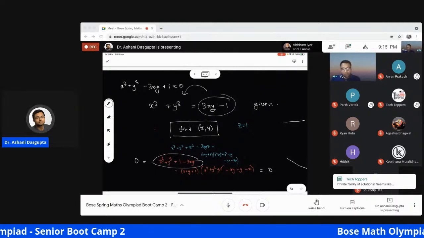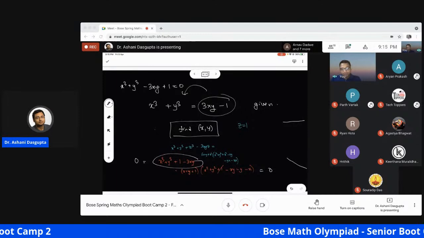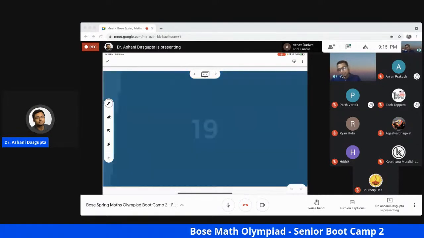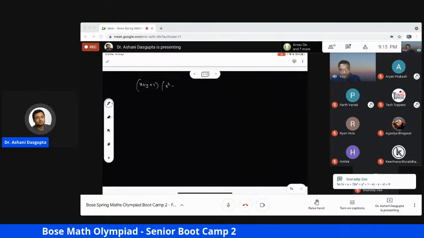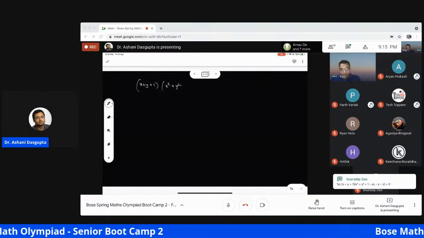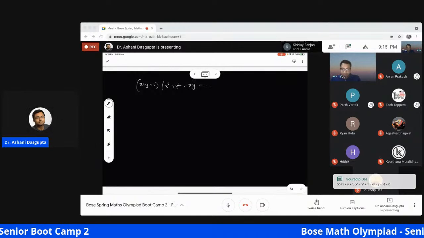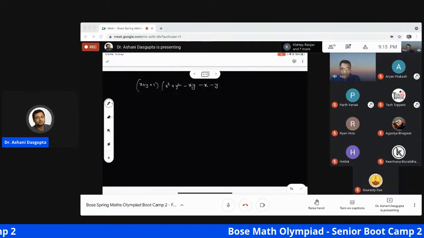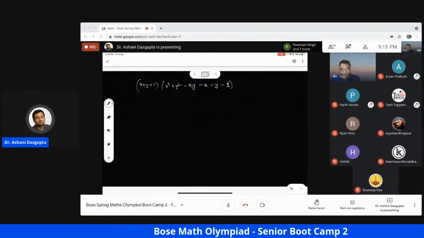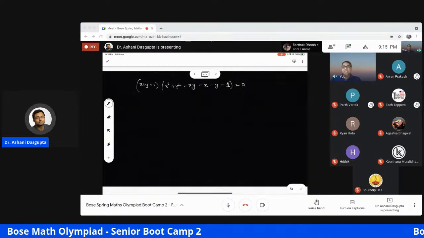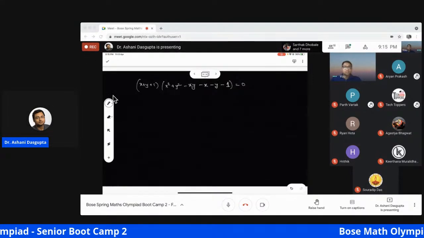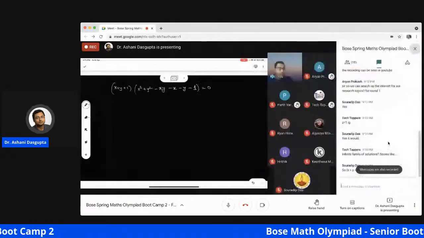So we can say that x plus y plus 1 times x square plus y square minus xy minus x minus y plus 1 equal to 0. Okay, so we are very near to the solution. How would we solve it now?